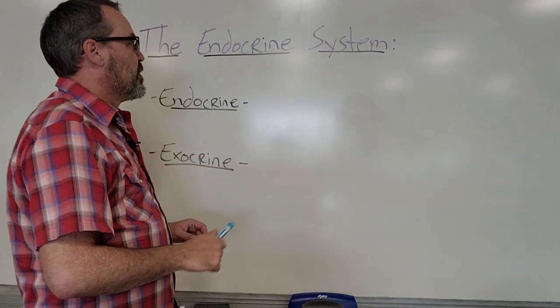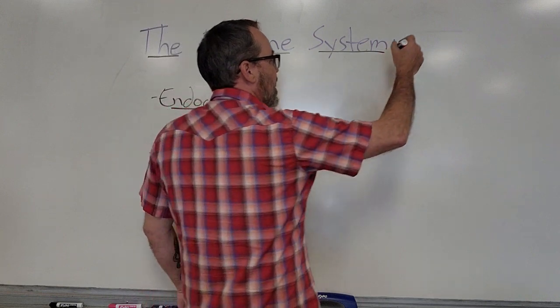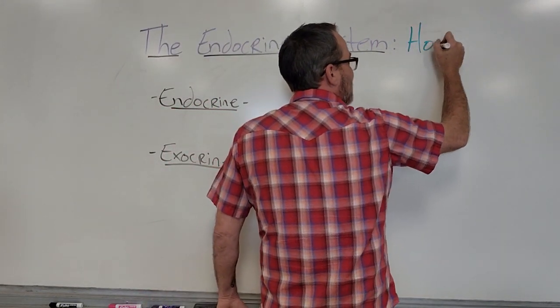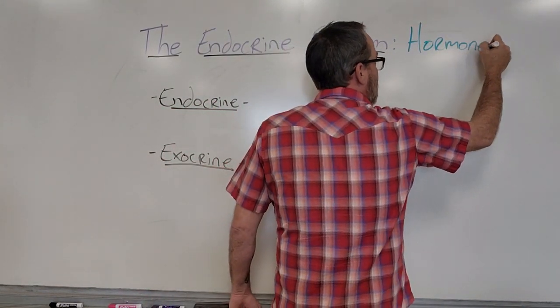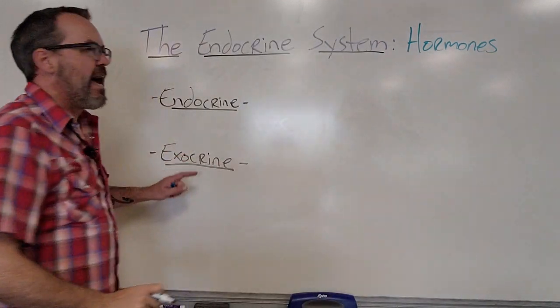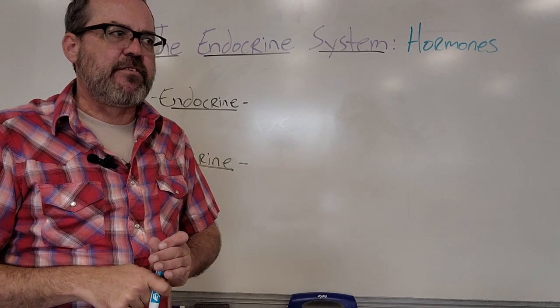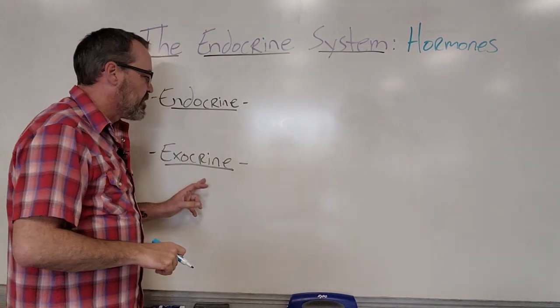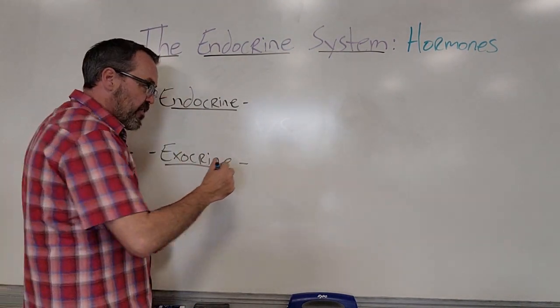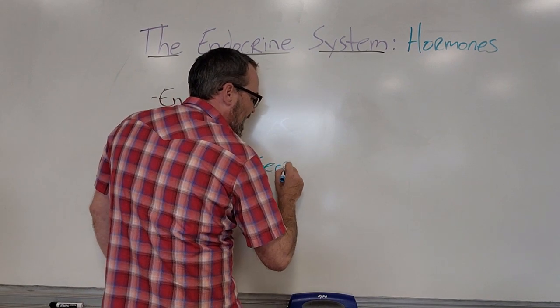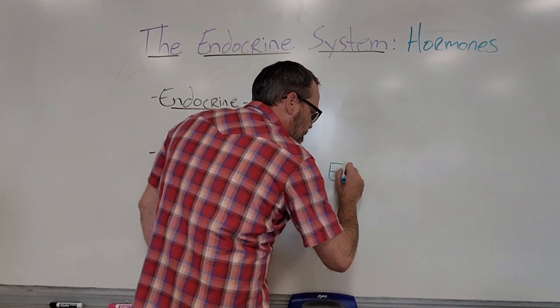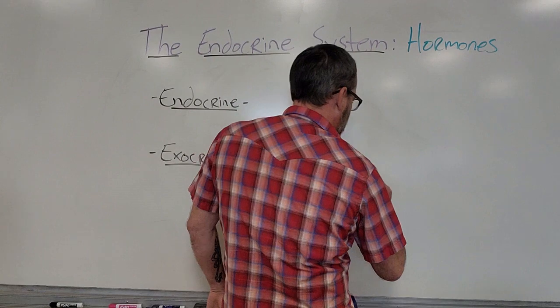So before we get into it too far, what we want to make the distinction of is the difference between my endocrine glands and my exocrine glands. We did exocrine glands when we did chapter 5 of Anatomy 1. Remember, exocrine glands secrete their products externally. That's why we call them exocrine glands.